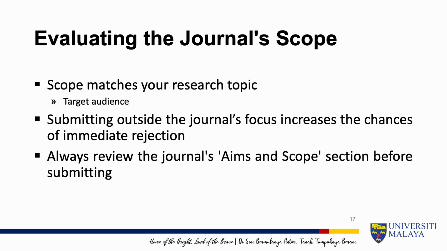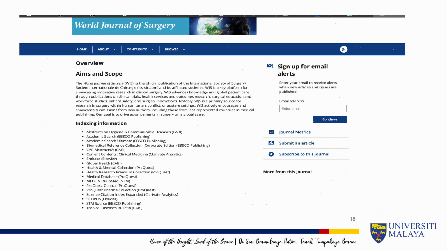And how do you do that? The way to do it is choose a journal. For example, here I have chosen the World Journal of Surgery. And if you go to the overview section on their web page, the aims and scope will be given on their web page. And they would have written here what are their areas of interest that they would like to publish.